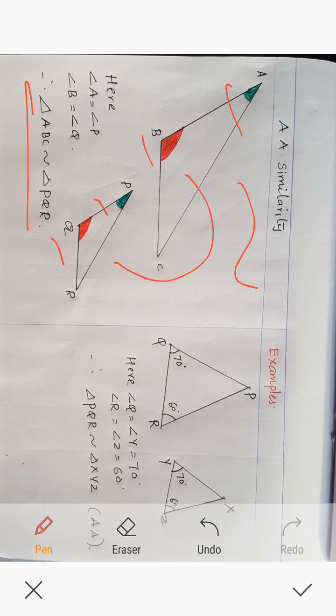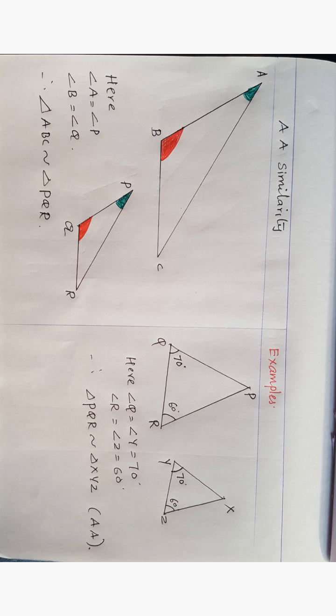If the triangles are similar, the corresponding sides will be proportional. In the case of congruent triangles, if we prove the triangles are congruent, by CPCT, a very familiar word, we can say the corresponding sides are equal. Similarly, if two triangles are similar, the sides of similar triangles will be proportional.